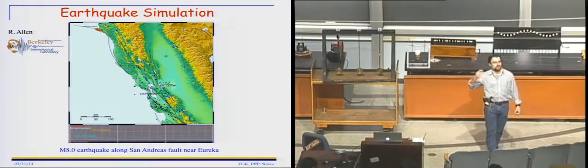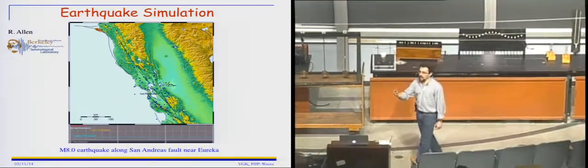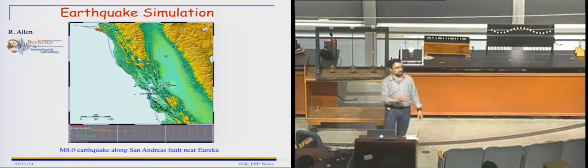The system is supposed to provide you and the critical infrastructures with a critical warning a few seconds to a few minutes before the actual shaking happens.